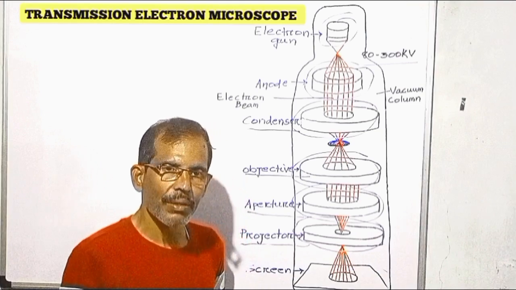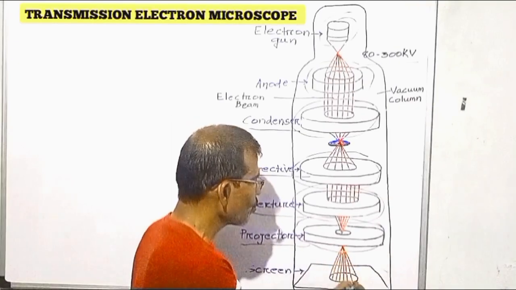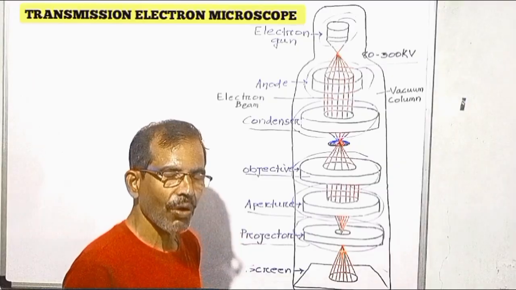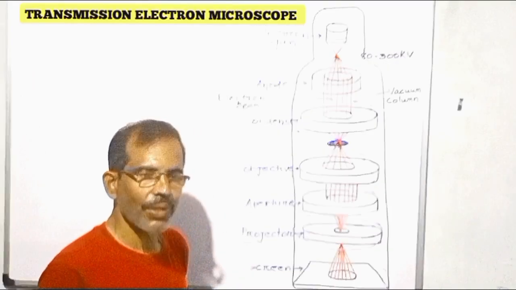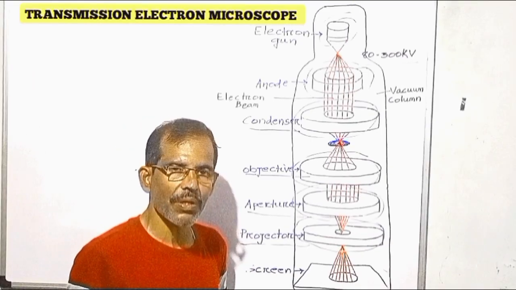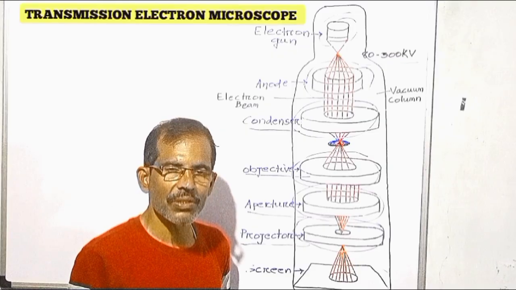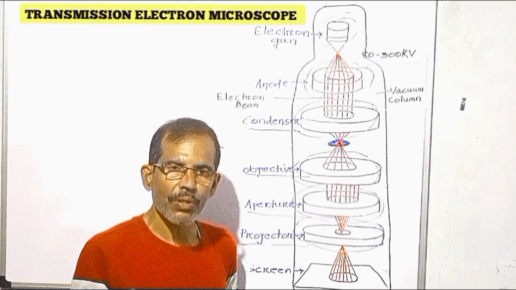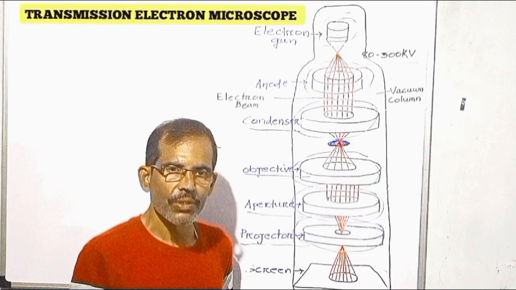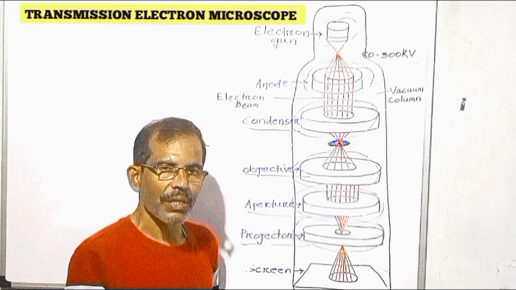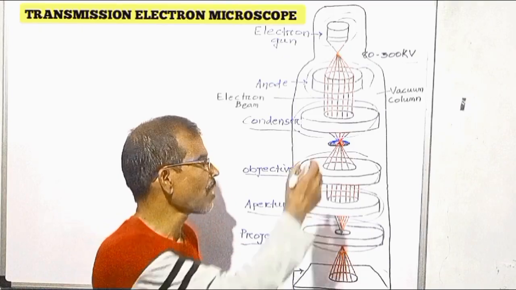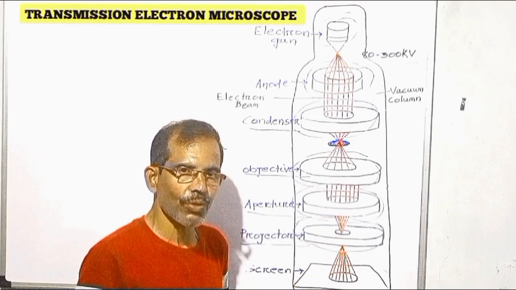This final image is focused onto a fluorescent screen or can be connected to a camera to develop a photograph, which is clearer, sharper and more detailed. The photograph of an electron microscope image is known as an electron micrograph. So in this way, images are formed in the transmission electron microscope.